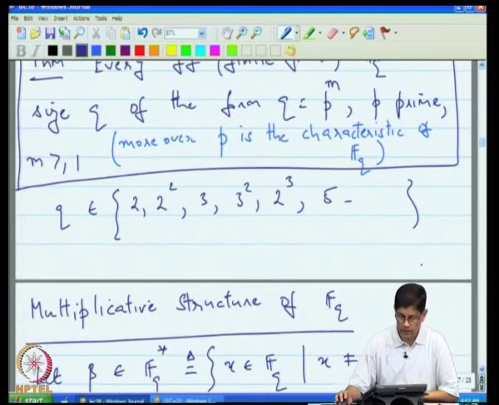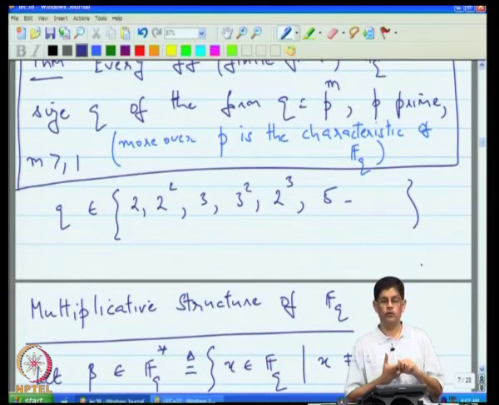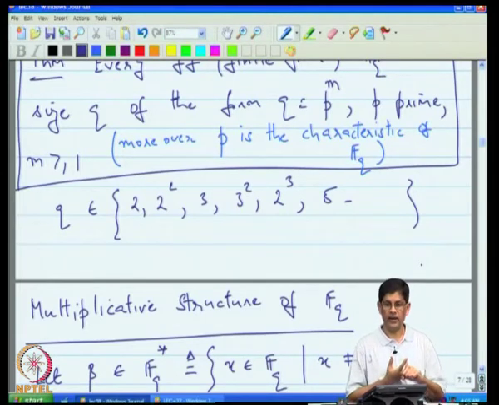Okay. So, up to now we have deduced two things. First of all, there is a unique prime that is associated with every finite field, and that prime is called the characteristic of the finite field. In terms of the finite field, it means that if you take p copies of the multiplicative identity and add them together, you will get 0.